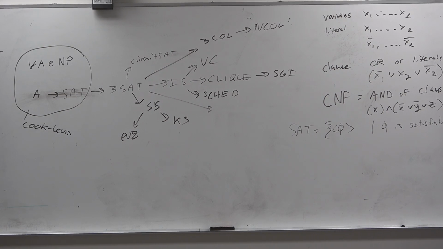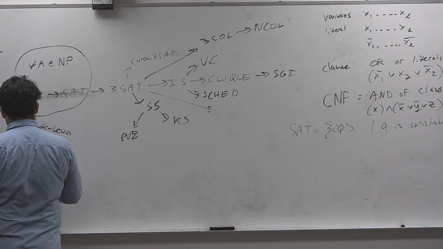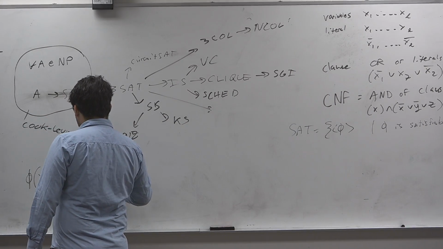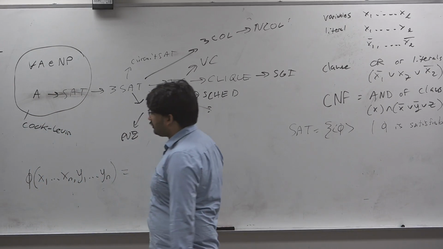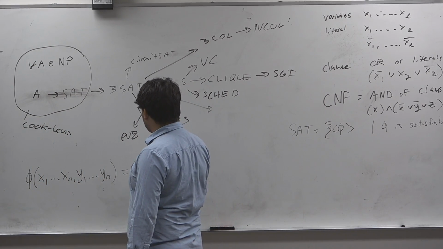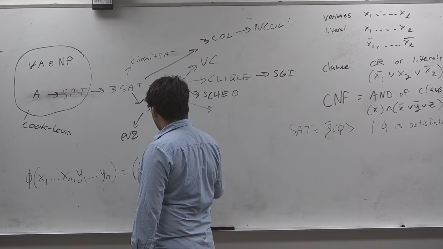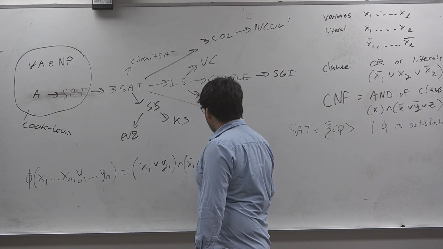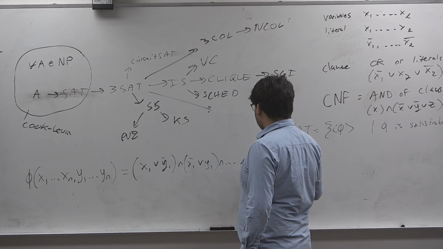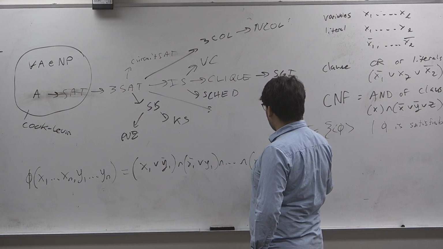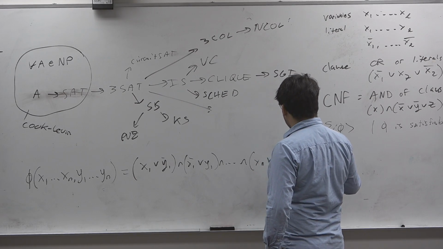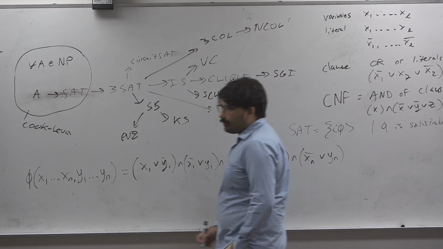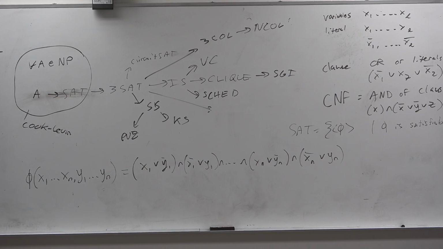So let me give you an example. Let this be a CNF that takes as input 2n variables: x1 or not y1, and not x1 or y1, and so on, up to xn or not yn, and not xn or yn. This is just a CNF.